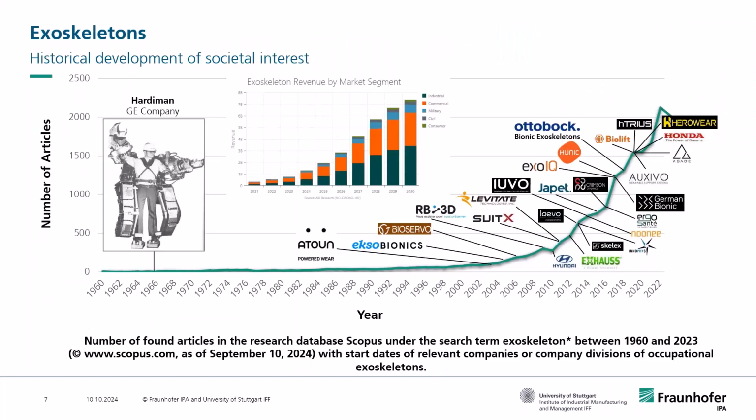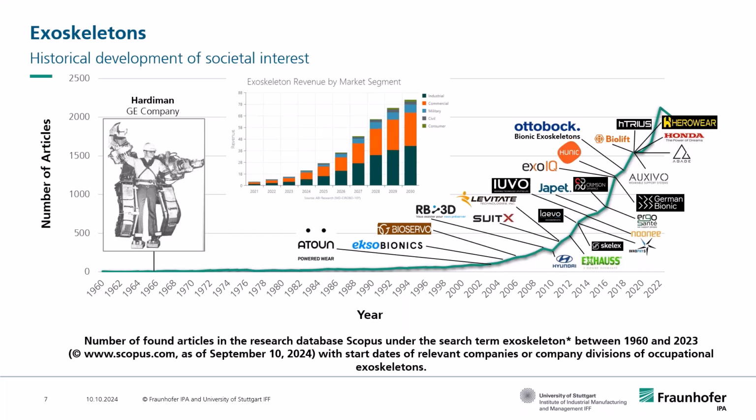And as you might have expected, there has been a lot of research in the field of exoskeletons in recent years. This can be seen as a reflection of the societal interest in this type of system. Even if the curve flattens out in 2023, when the increase stops for the first time, there's still a lot of interest in exoskeletons.